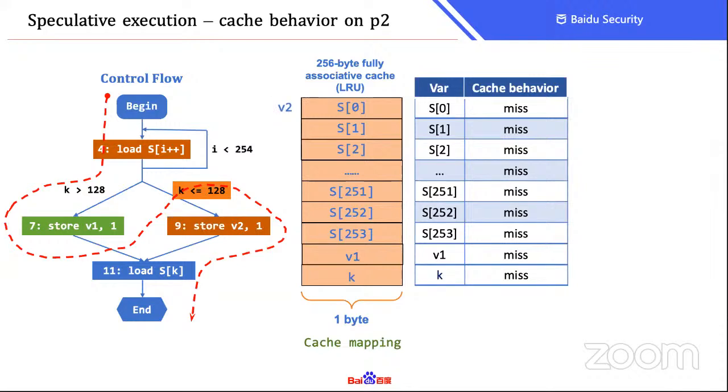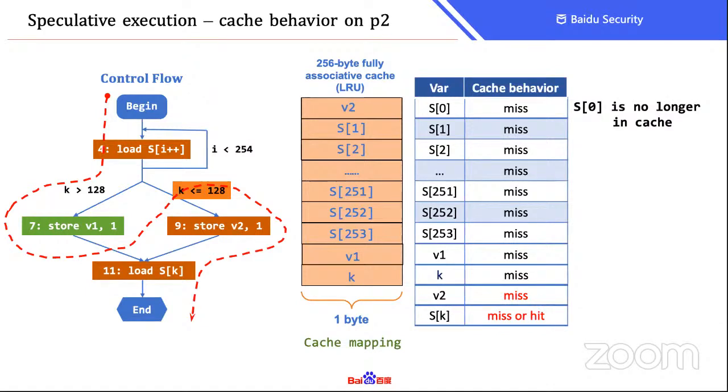Now V2 will replace S0 in the cache because S0 is in the least recently used cache line. And finally, we reach load s[k]. However, its cache behavior might be a miss or a hit because S0 is no longer in the cache. If k equals 0, it will be a miss. If k is not 0, it will be a hit.